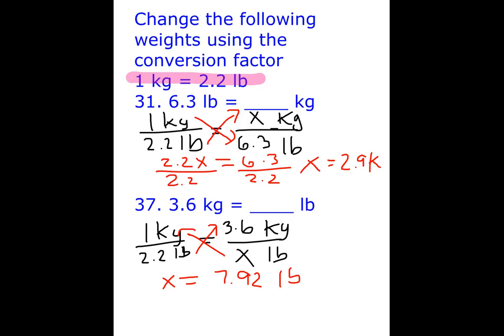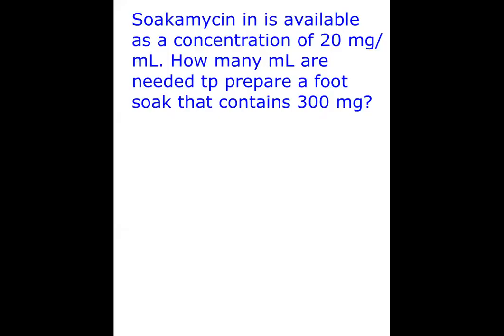Okay. Let's move on. Let's do one more problem and then I'll let you guys go. Okay, so number 43 says socamycin is available as a concentration of 20 milligrams per ml. How many mLs are needed to prepare a food soak that contains 300 milligrams?